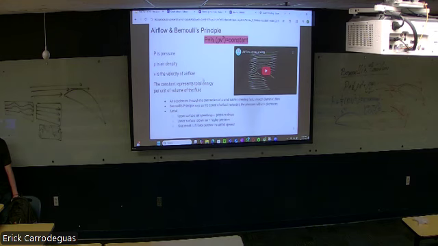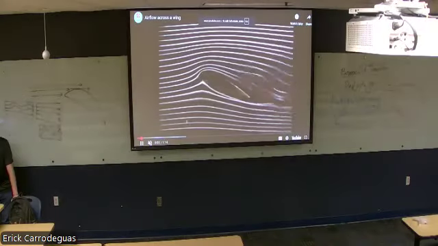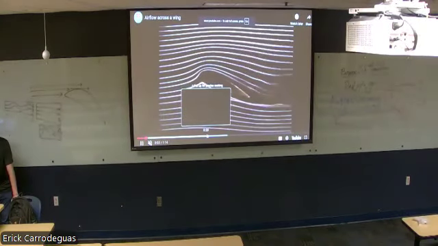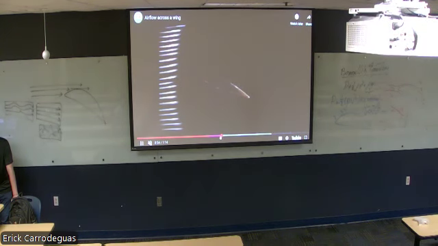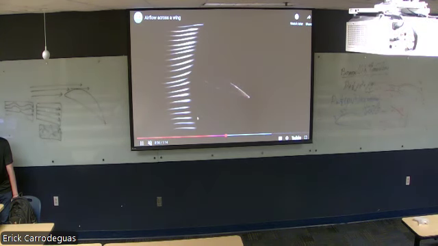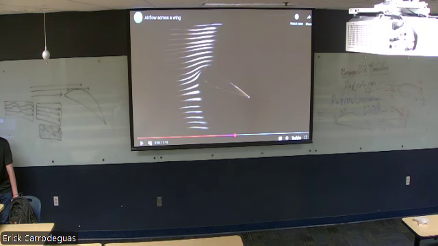So yeah, any other questions? And then look, to your point, Enzo. This is just slower. Here it's already faster on the top, and that's how you get lift. Then this is going slower here on the bottom.